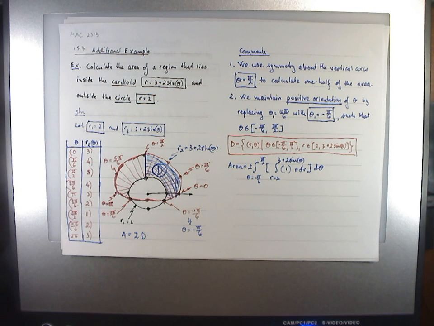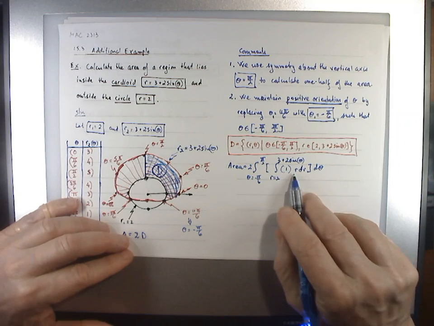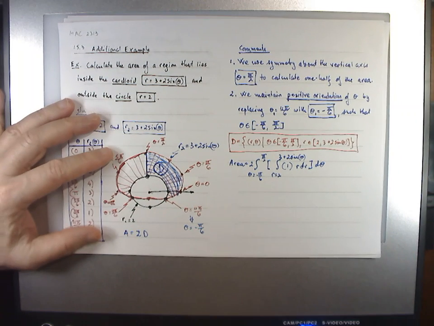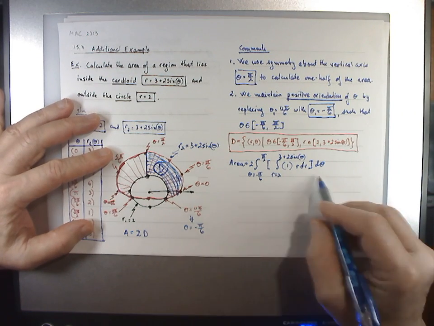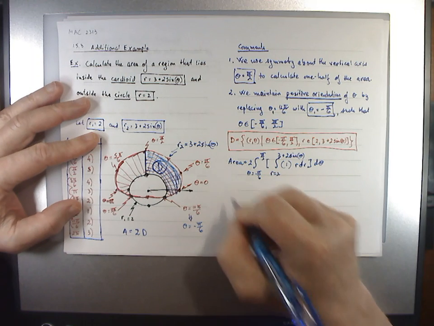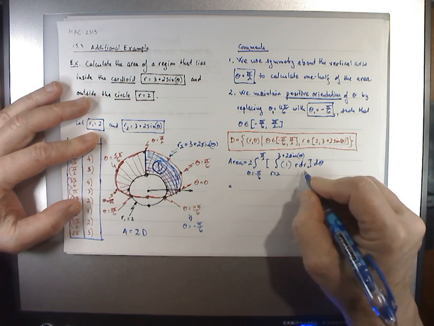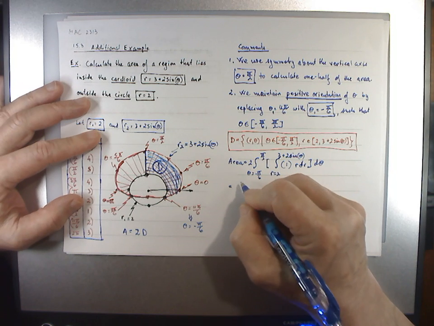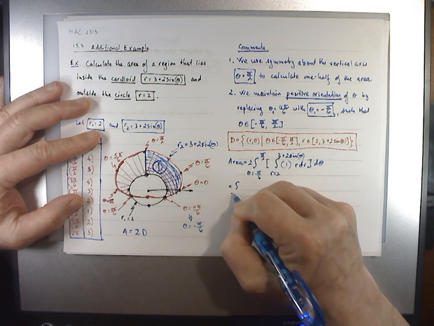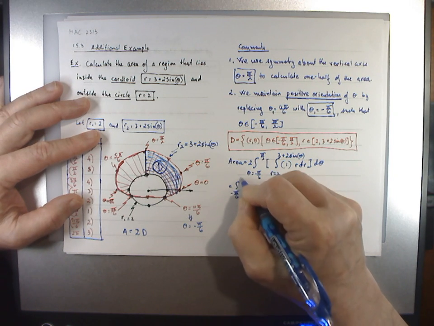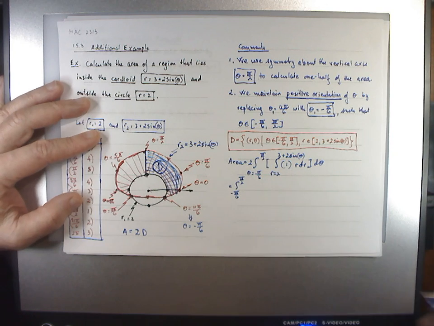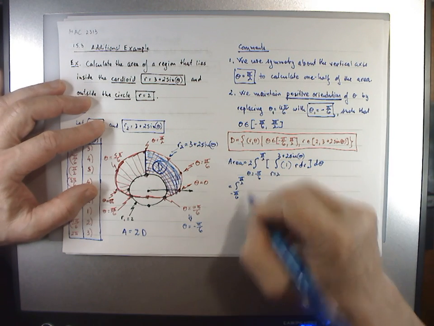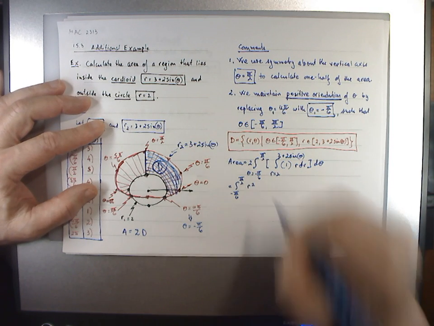So the first thing we need to do, we integrate r. So we have r squared over 2. We have the 2 and the 1/2, they cancel each other. So 2 times 1/2 r squared. Outside we're still going to have the integral from negative pi over 6 to pi over 2. And the result of the integration with respect to r is r squared.